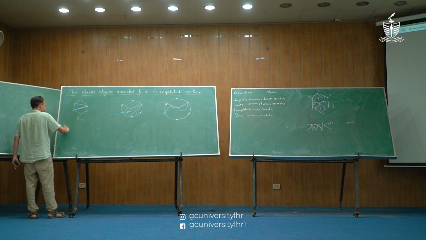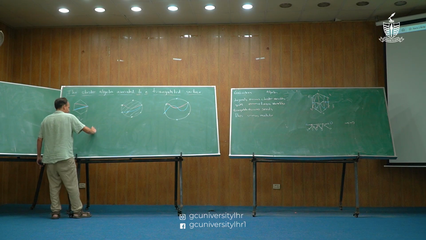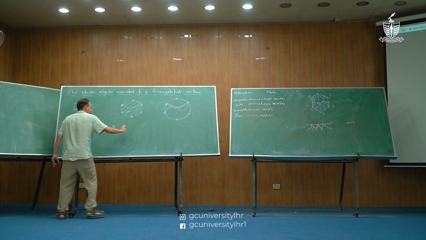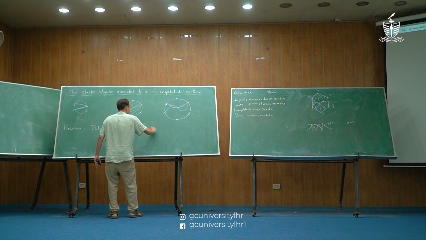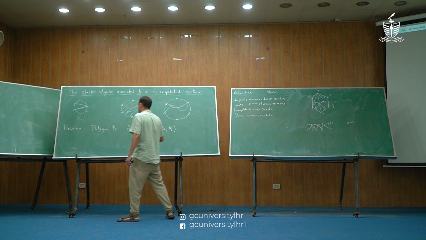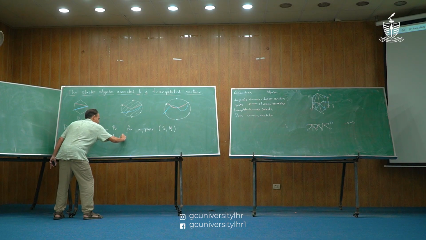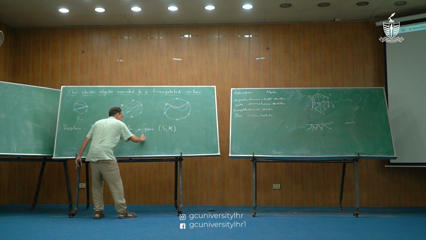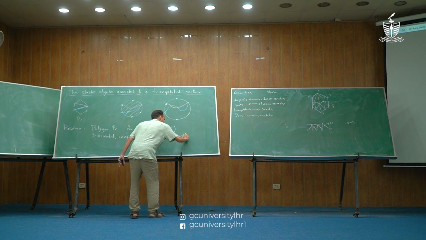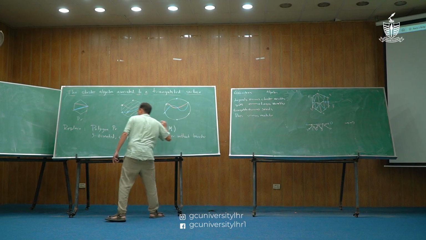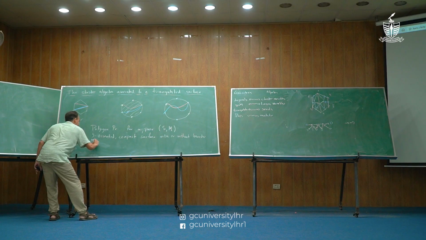So we're going to do the following. We're going to replace the polygon for any surface, for a pair (S, M), where S is an oriented compact surface, with or without boundary, and M is a subset of marked points.